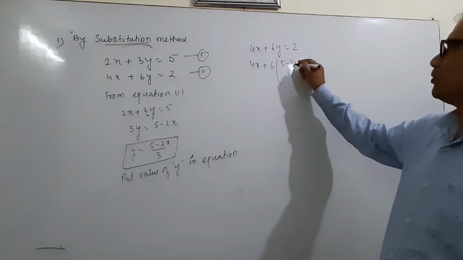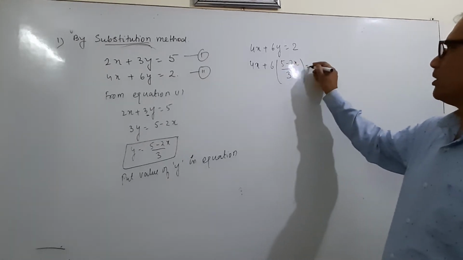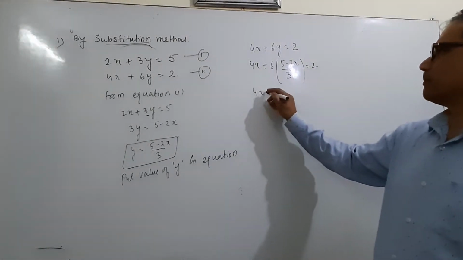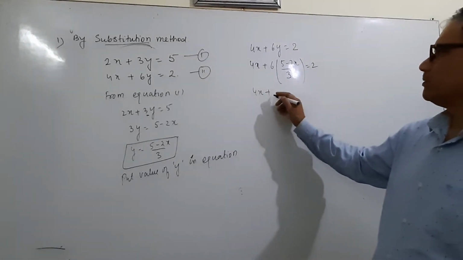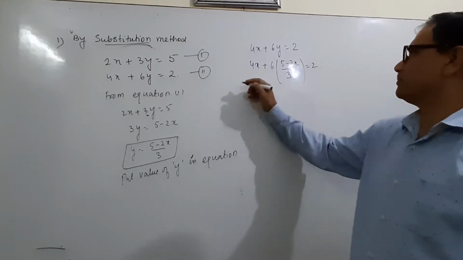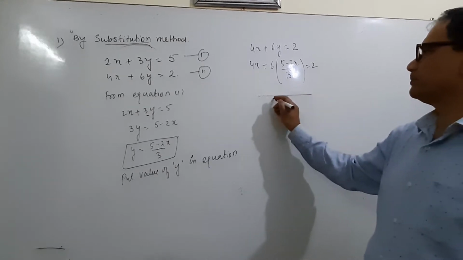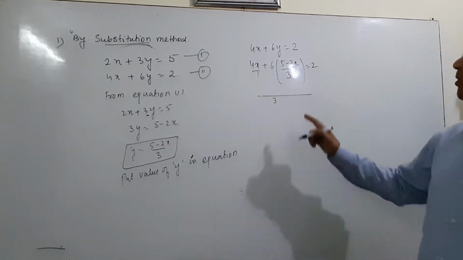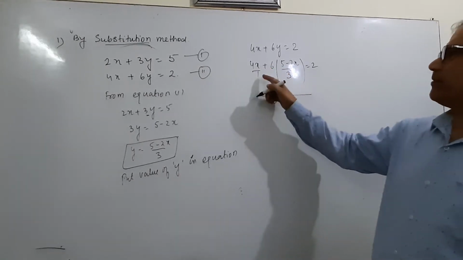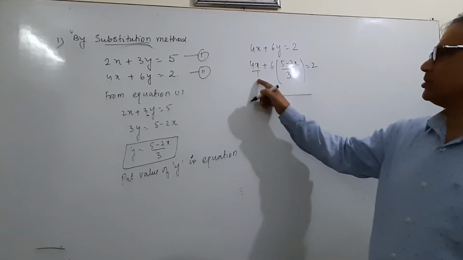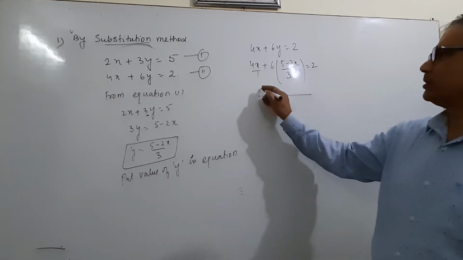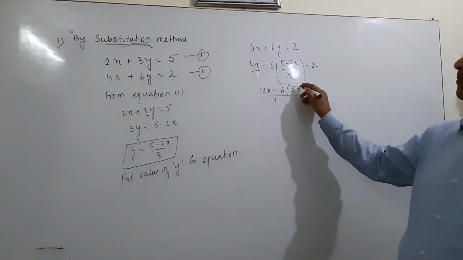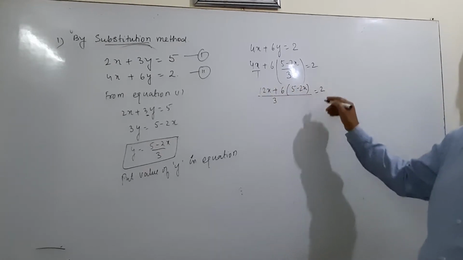4x plus 6 times (5 minus 2x) upon 3 is equal to 2. Now what will we take? LCM. The LCM is 3. 3 divided by 1 is 3, 3 multiplied by 4 is 12x, plus 6 bracket (5 minus 2x) is equal to 2.